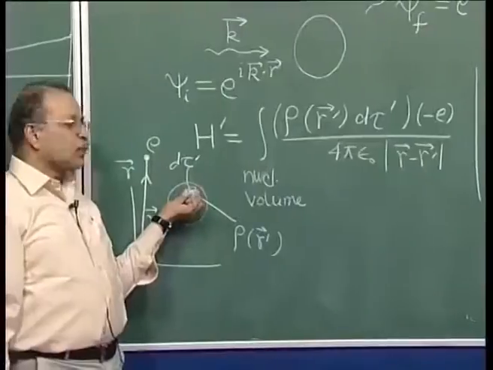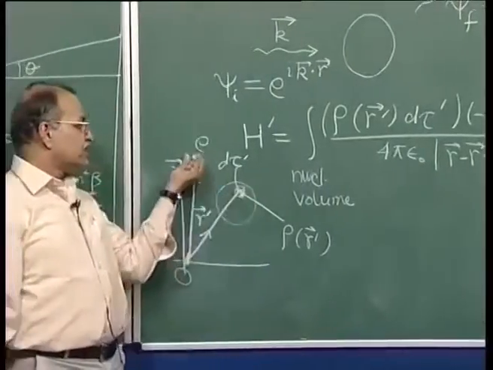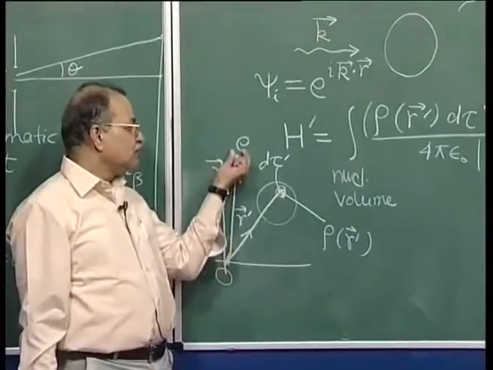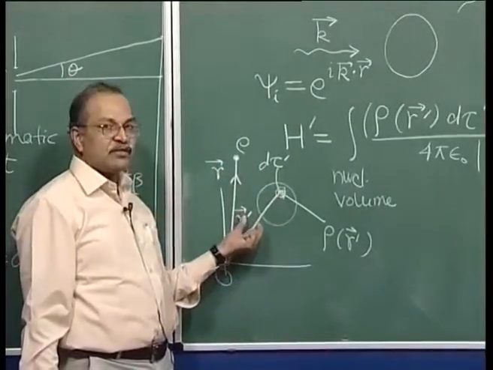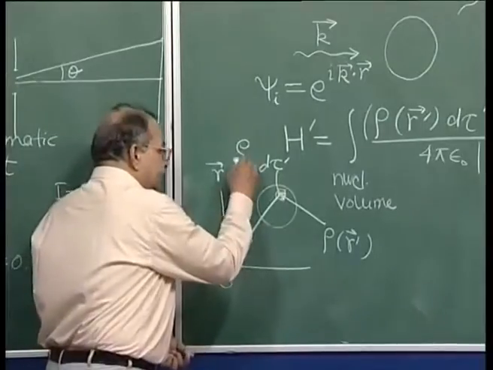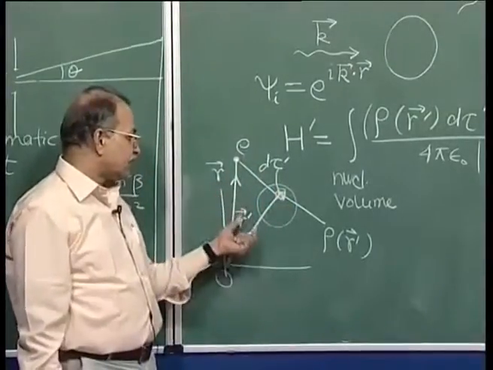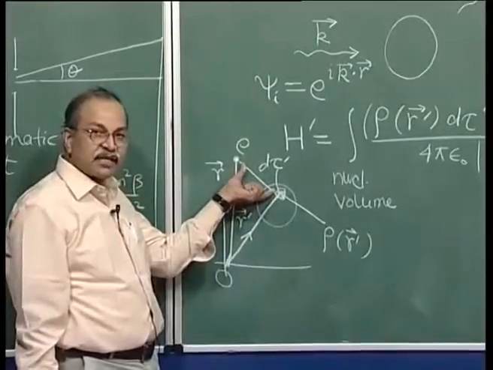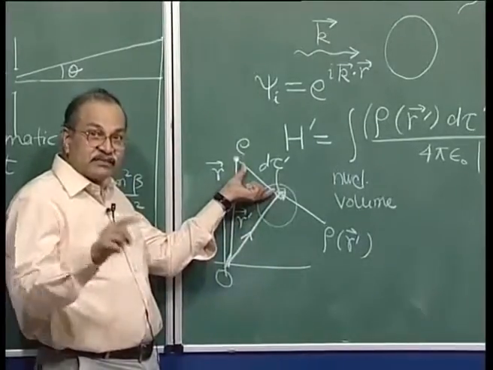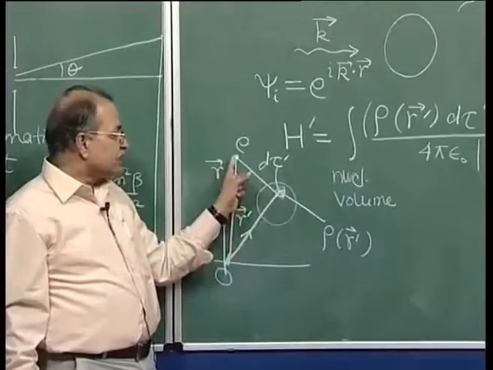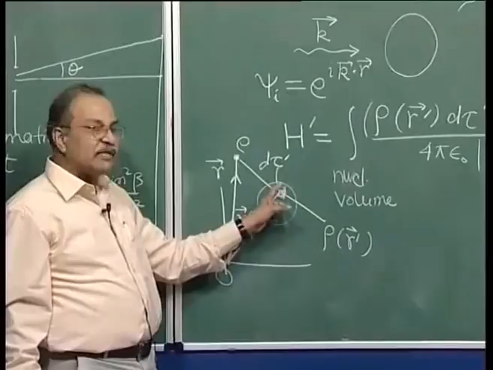This is charge q1 and this is charge q2 and the potential energy is q1 into q2 divided by 4 pi epsilon naught, distance between this and this, which will be this vector r minus r prime, and mod of that, that means the separation between these two. This is energy of this electron with this volume element.